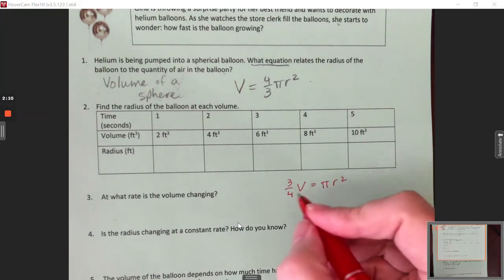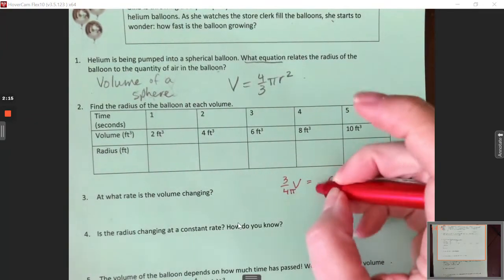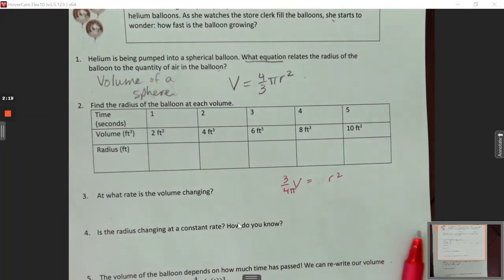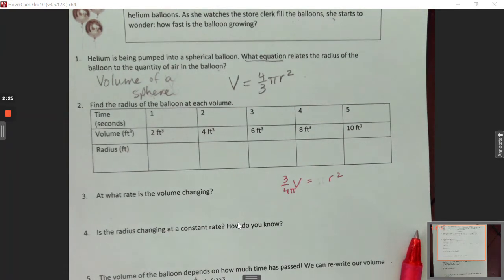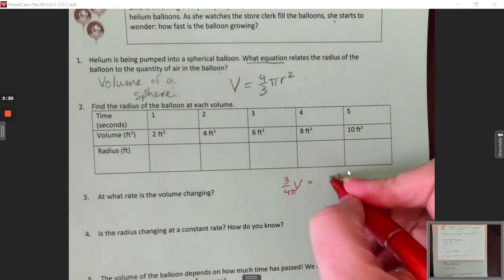And then I'll move pi over. It'll be down here with the 4, and we'll take the square root as we go. So we're just going to plug in 2 and see what's going on. This way I can use my calculator for the most part to do this for me. It's not going to be perfect, but it'll do.